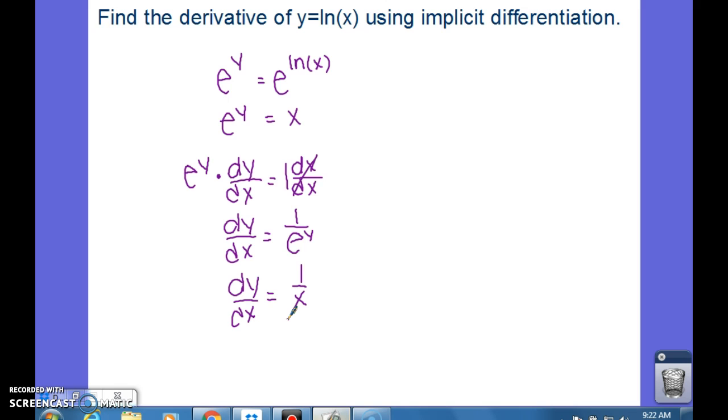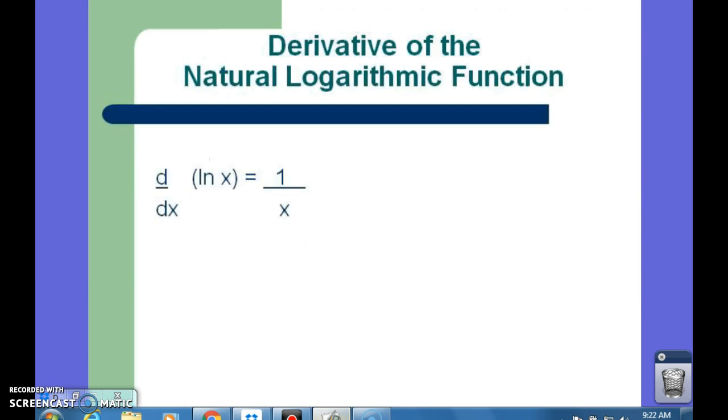So it's fair game to say, in general, that the derivative of the natural log function, ln x, is 1 over x. I put it up there. I wrote it. It's on there.